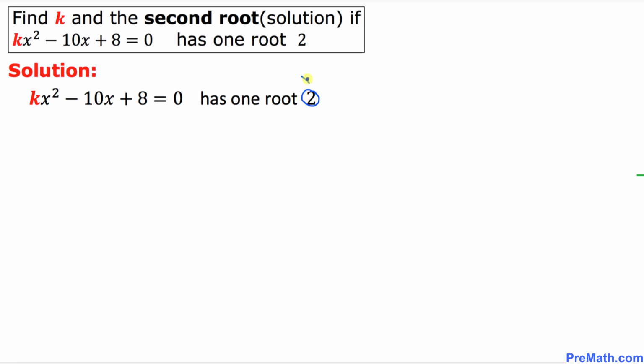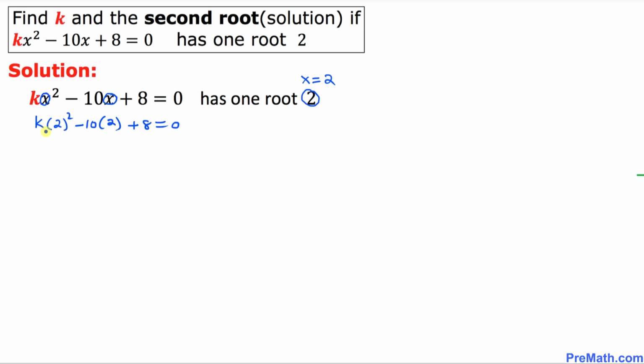That means x equals 2. So wherever we see x, we are going to replace it by 2. So that quadratic equation is going to become k times 2 squared minus 10 times 2 plus 8 equal to 0.